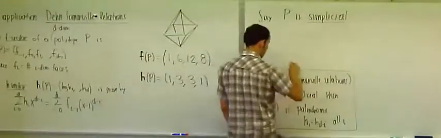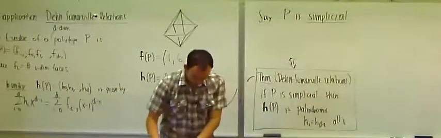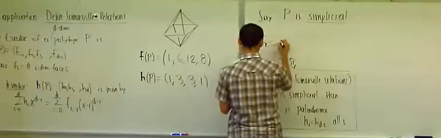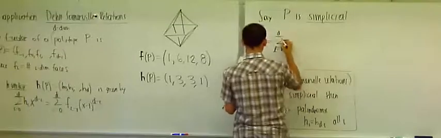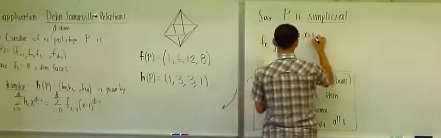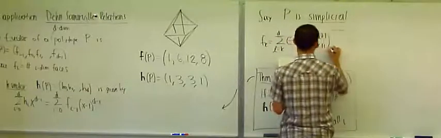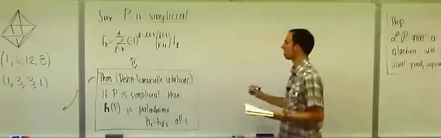This is equivalent to saying the following thing. f_k is the sum from l equals k to d of minus 1 to the d minus l plus 1, l plus 1 choose k plus 1, f_l, for all k.